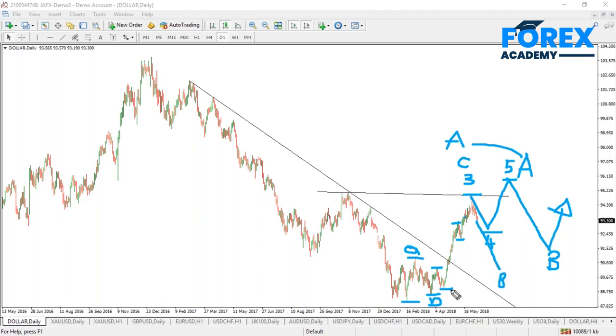Let's now clear all of that artwork and focus our attention on an additional piece of information that might allow us to be persuaded over one count over another.